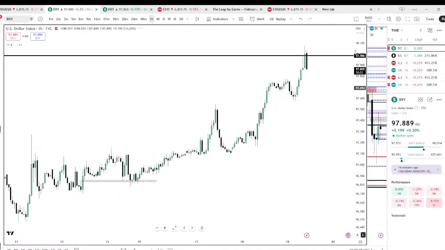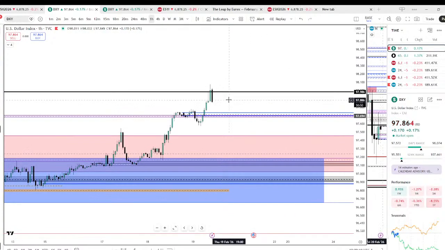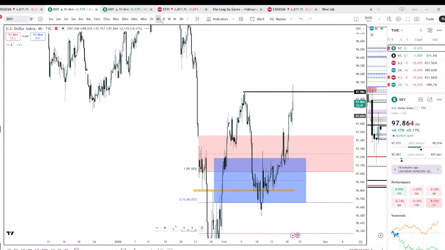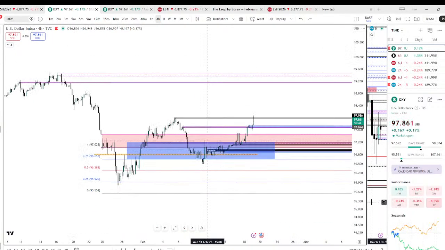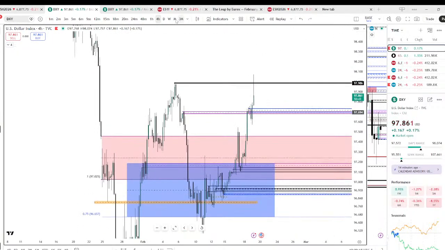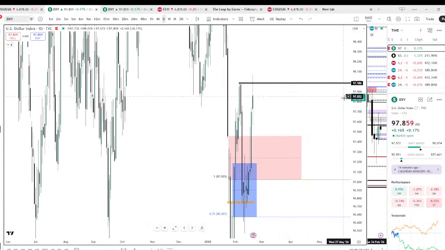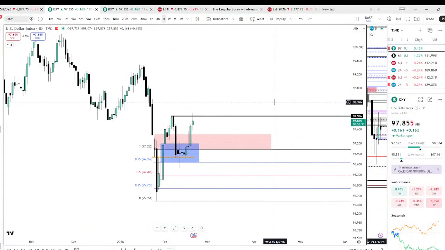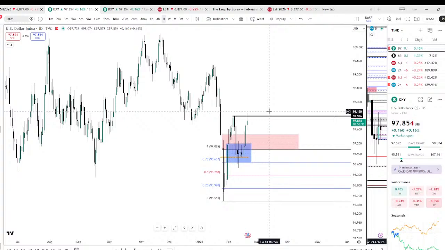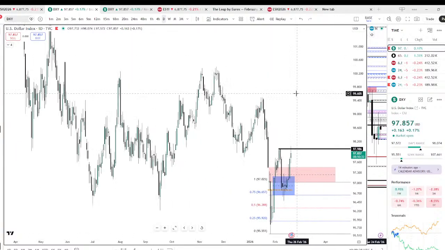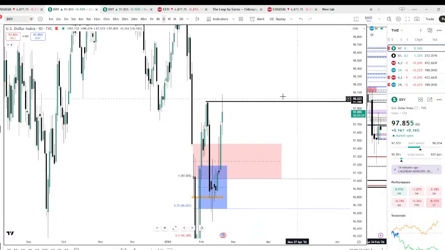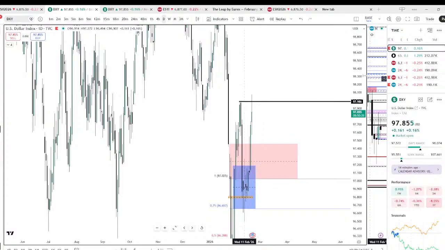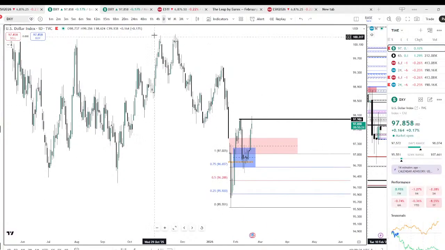Let's make sure the dollar is permitting. Okay, so that was my target for the week. So that was hit. Yeah, it's looking like upside is, that's like gun to my head.